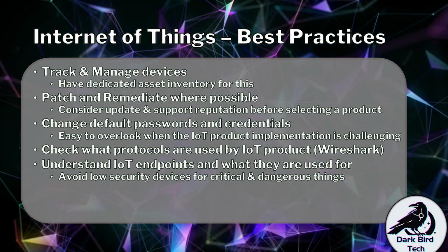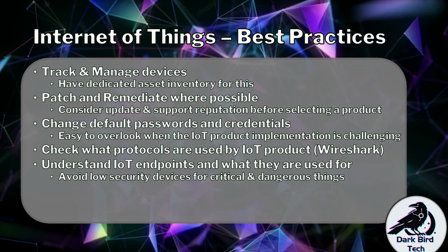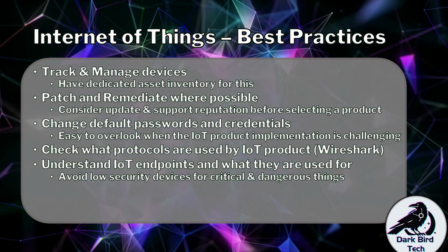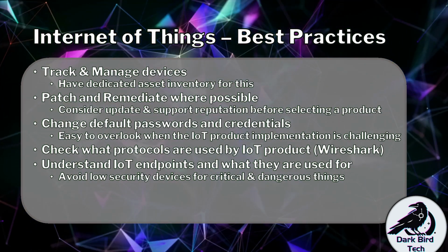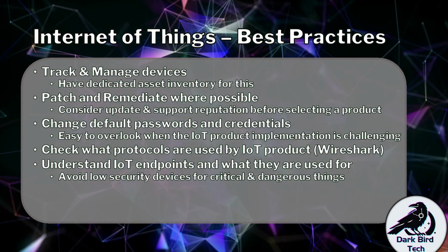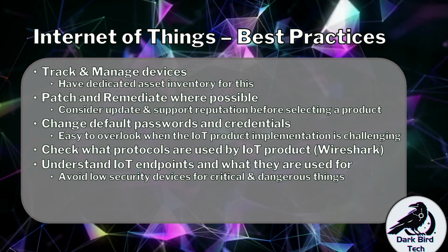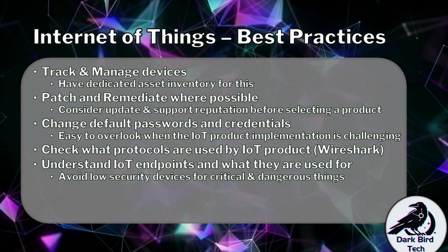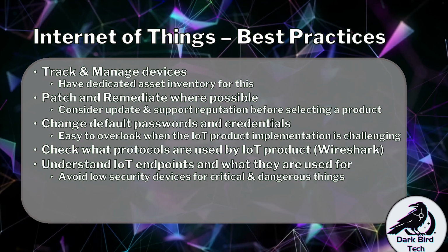If it's an unreliable motion sensor, it should probably not be used for a security system, for physical premises security. You get the idea. Understand the IoT endpoint's purpose and what its capabilities are. And if it's got a significant, important thing that it needs to do, but it's not reliable, it's not secure, maybe not a good idea to use it in that particular role.